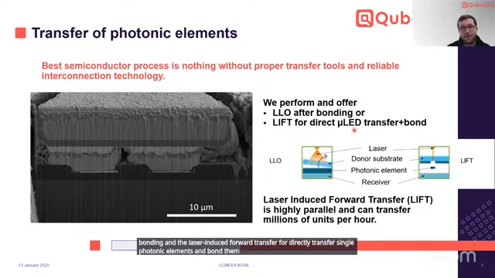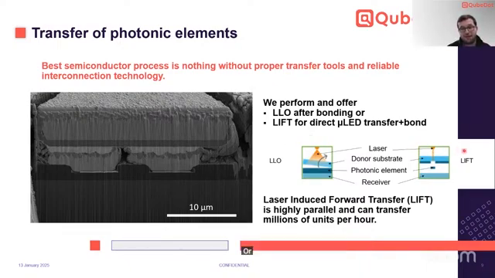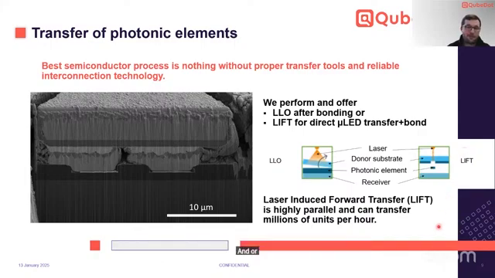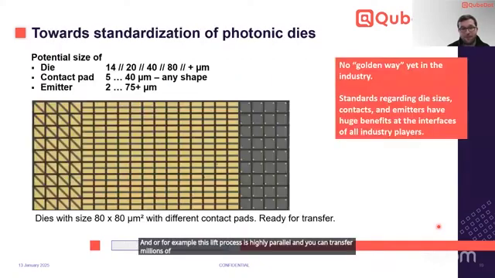This means either way you bond the whole chip in once beforehand and you get rid of the substrate, or you shoot single elements with a laser from your donor to your receiving substrate. And for example, this lift process is highly parallel and you can transfer millions of units per hour.